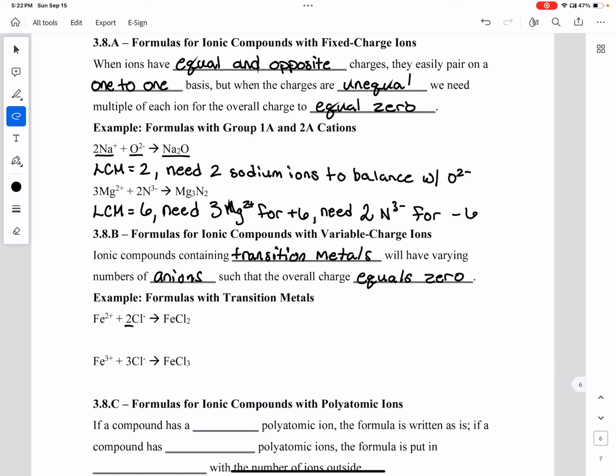It's 2 individual chloride ions, and those will form FeCl2. So I need 2 Cl minus. And same thing here, if I have Fe3 plus, I need to have 3 Cl minuses.